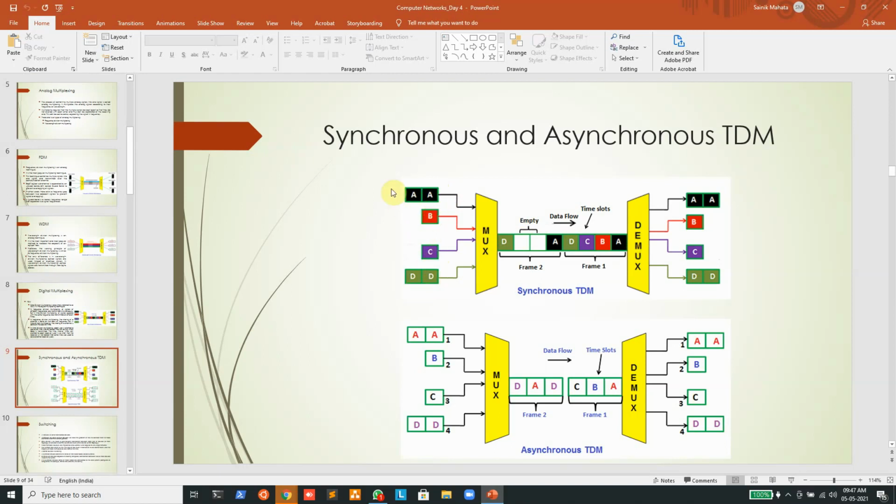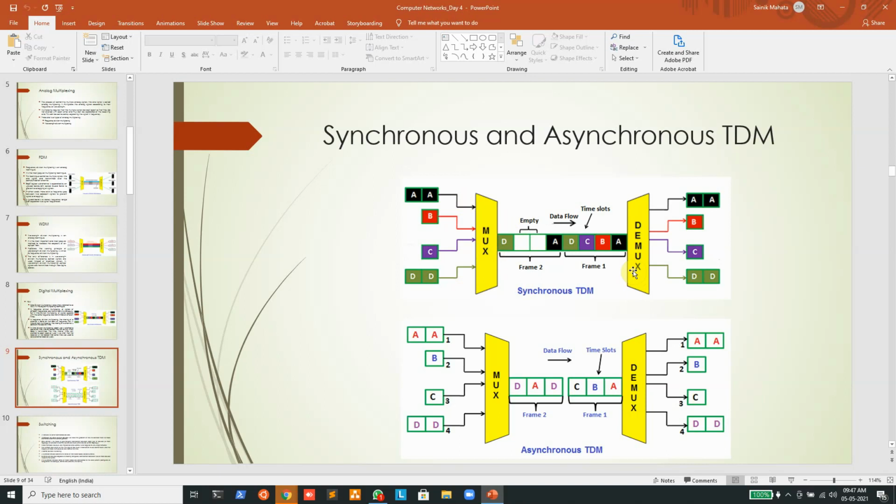In the first time slot, A, B, C and D will be sent, right? In the second time slot, the first machine will have one data left, so it will send A. The second machine does not have any data, so it will be empty. The third machine also does not have any data, so it will be empty. And the fourth machine, which is left with one data, will send the data in its specified time slot.